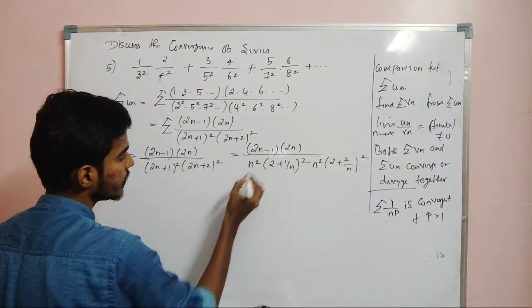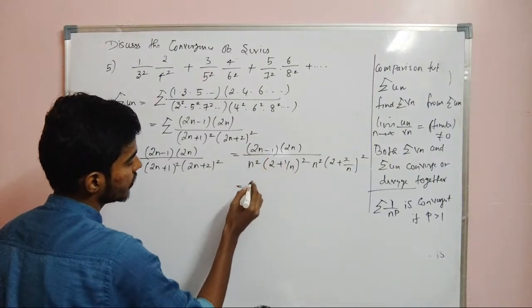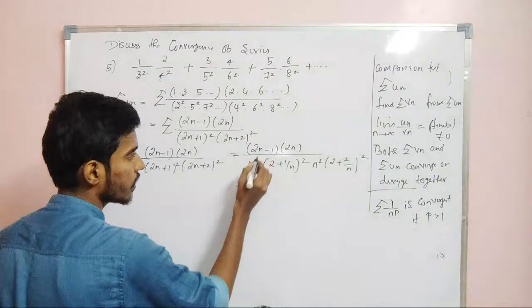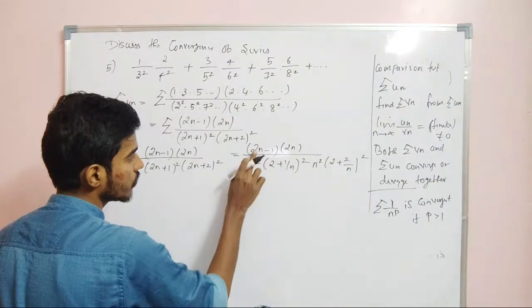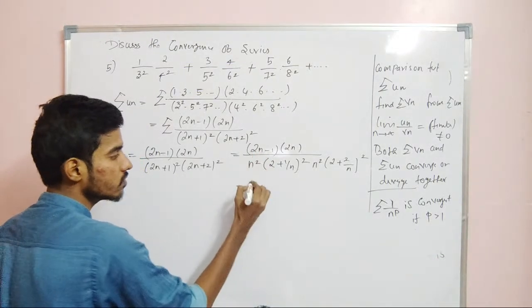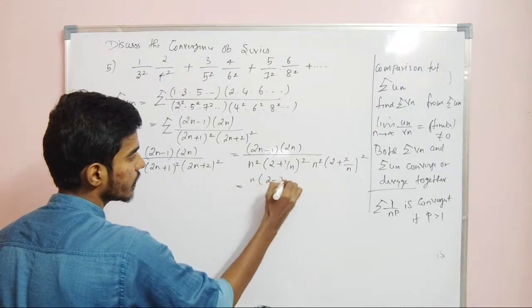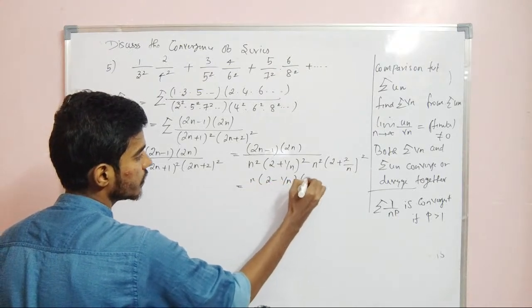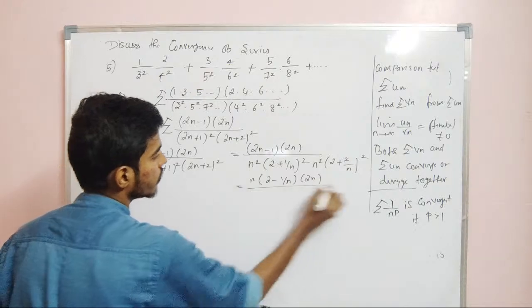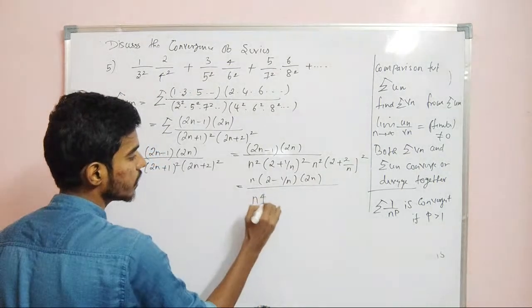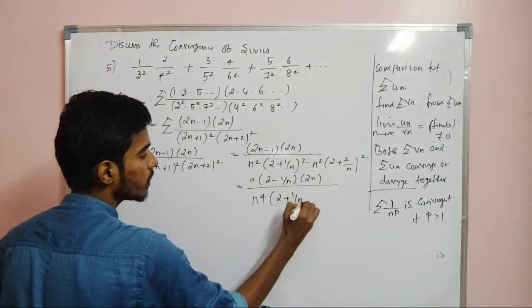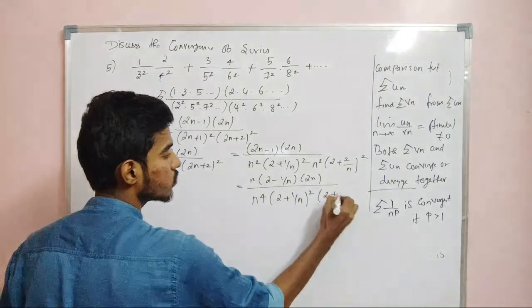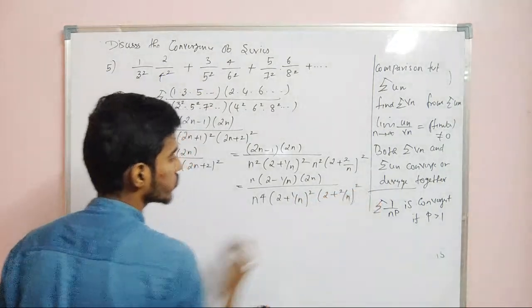In the numerator, I can take n common. So we will have (2 minus 1 by n) into 2n, divided by n power 4 (2 plus 1 by n) whole square (2 plus 2 by n) whole square.